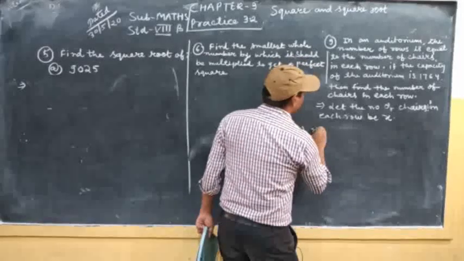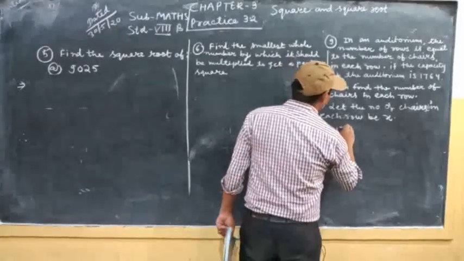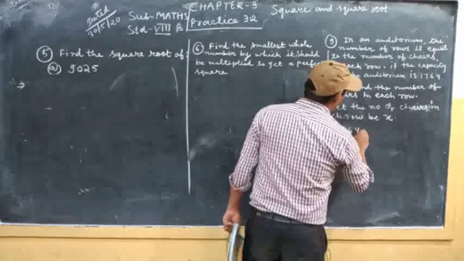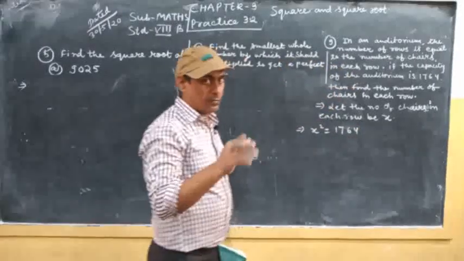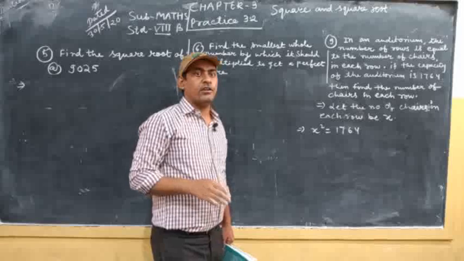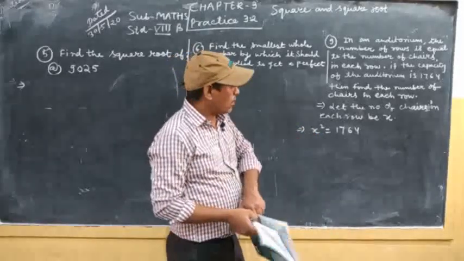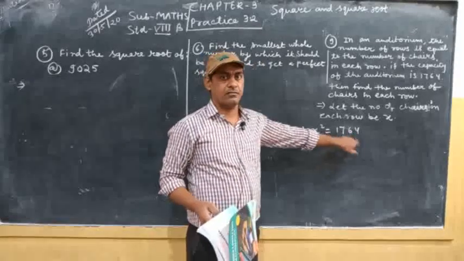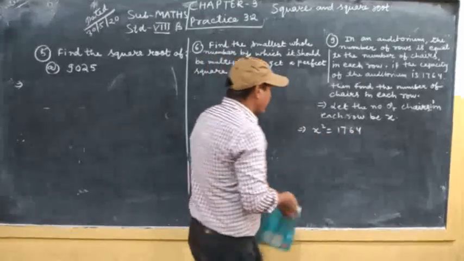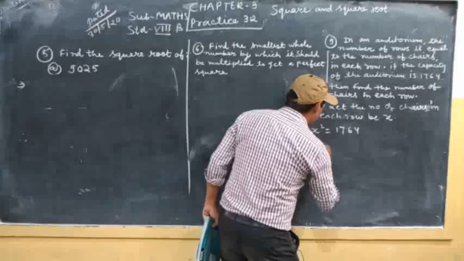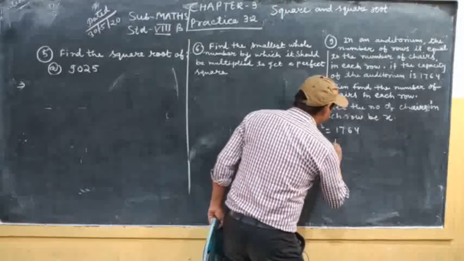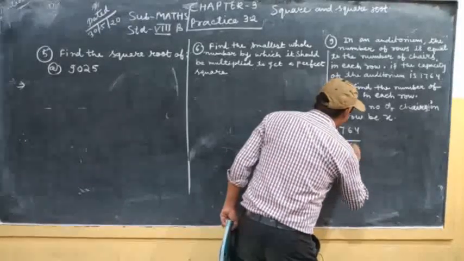So we just find the value of x. In order to find x, we find the square root of 1764. So x is equal to under root 1764.